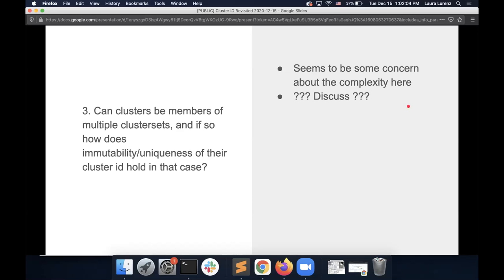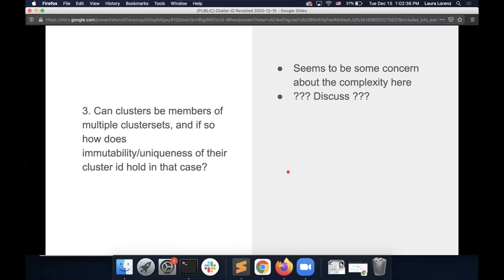And within a cluster set, namespace sameness applies, but there's no principle that any particular individual has permission to write into every namespace, right? So there will naturally be varying levels of privilege within what you can do on any particular cluster in the set that still respect namespace sameness.